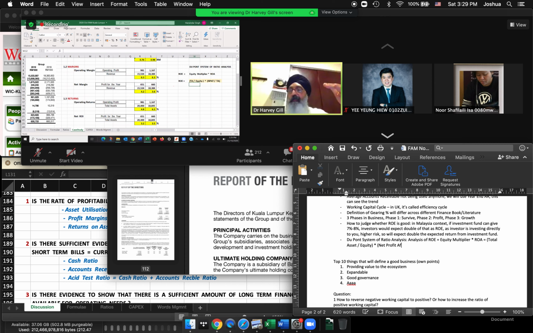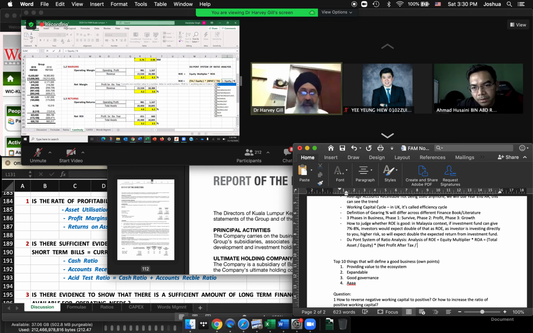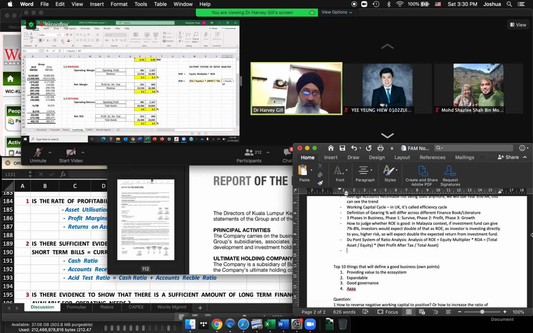If I multiply these two, it will get cancelled out, isn't it? Then ROE will become what? It will become equity divided by net profit after tax, which is what we studied earlier. Yeah, sorry, equals equity divided by net profit after tax. Yeah, and that will give you ROE.